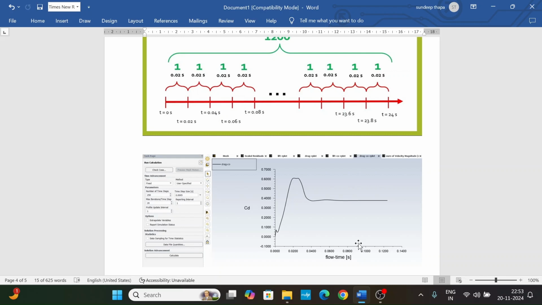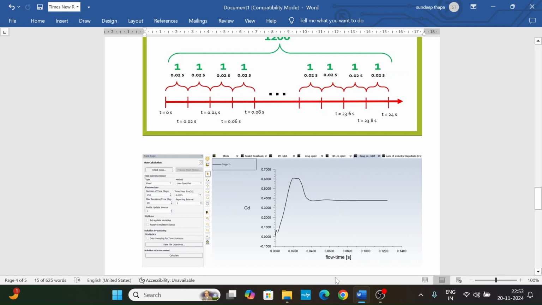It will be constant over any number of seconds, which means even if you go on extending the simulation, there won't be any changes in your results. So that is when you need to stop your simulation.